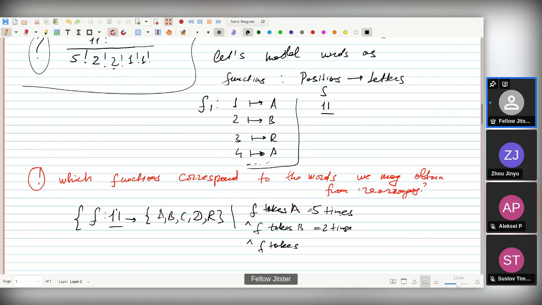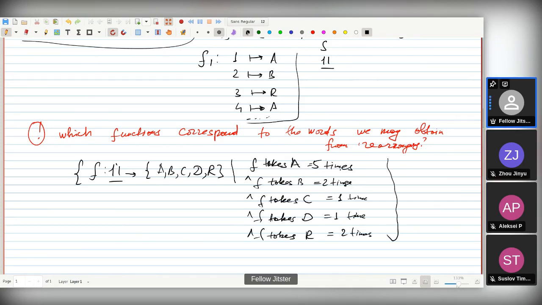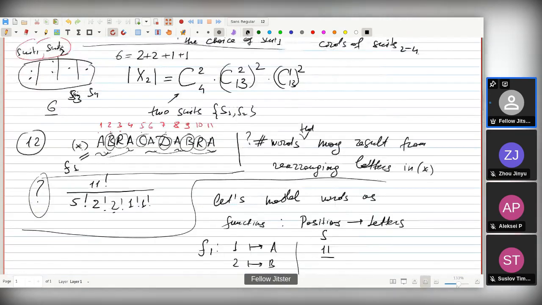F takes C how many times? 1. What about D? Also 1. F takes D exactly 1 time. And F takes R how many times? 2 times. Just these functions correspond to the words we may in principle obtain through rearranging.